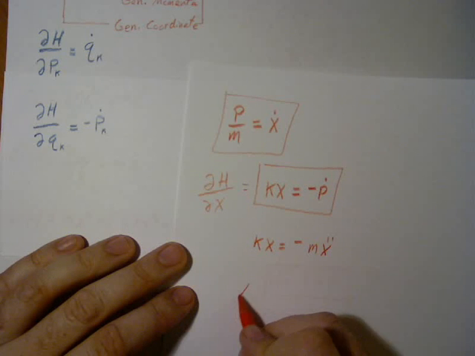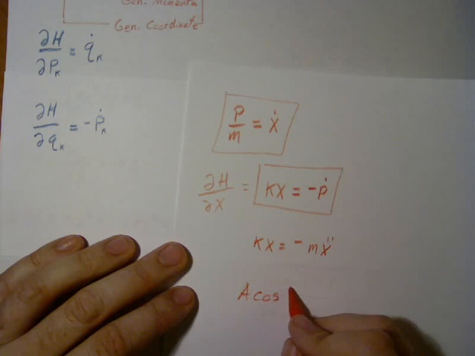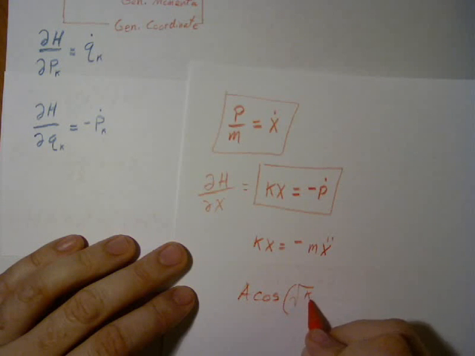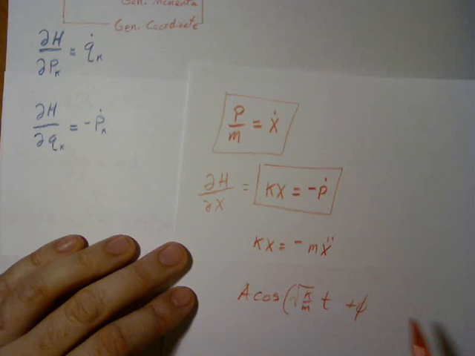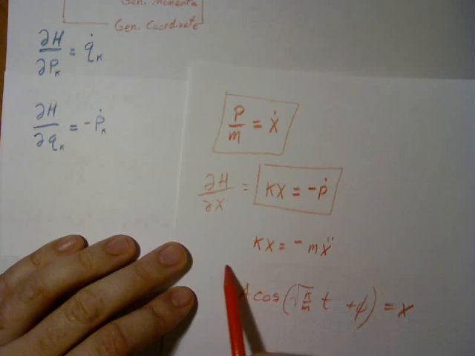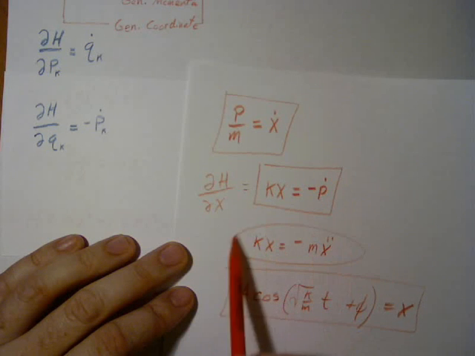In which case we have the generalized answer for this: a cosine of square root k over m times t, plus some phase factor if you want it, usually set to 0, is the equation of our motion, because sines and cosines are solutions of this equation.